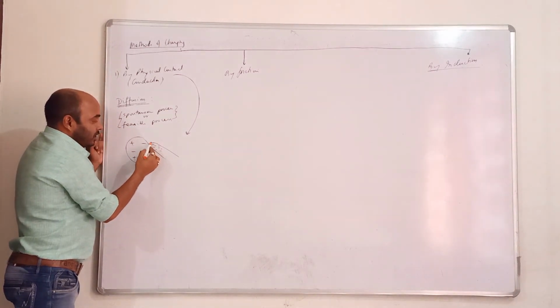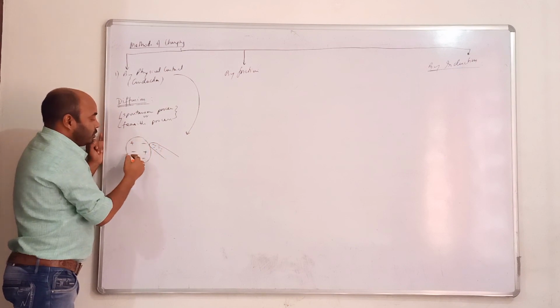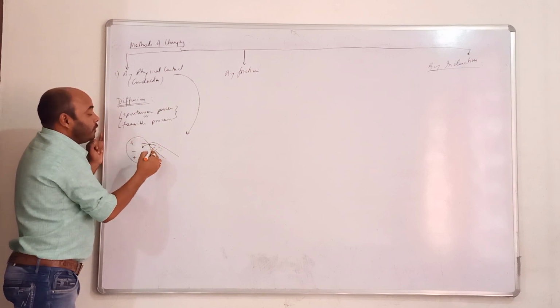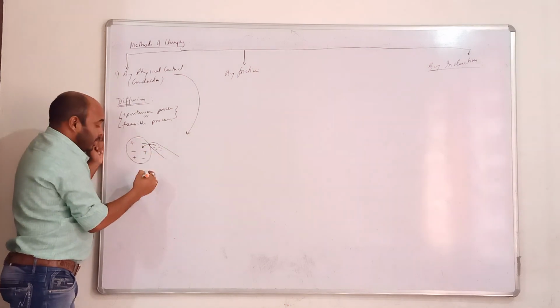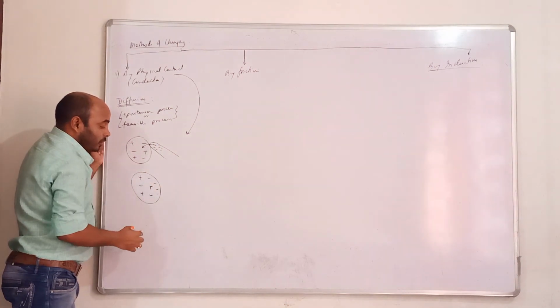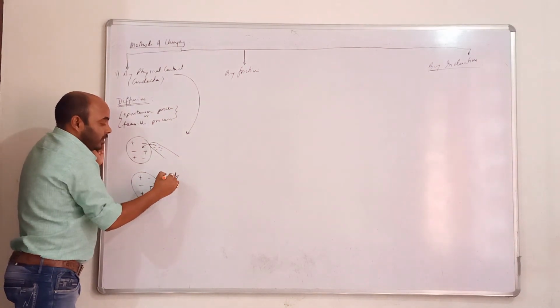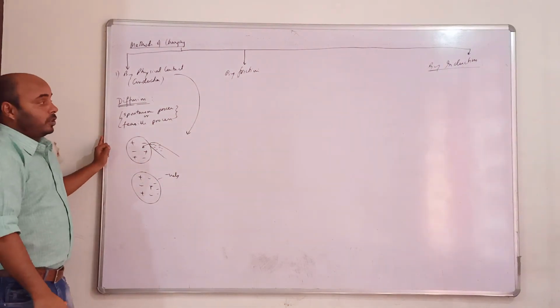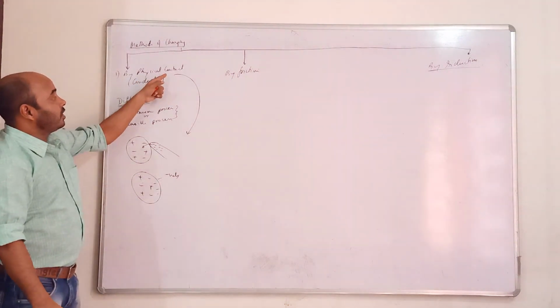Since the concentration of electrons is more here and less there, what will happen to the electrons? Electrons will automatically diffuse. If the electrons diffuse to this neutral body, it will have an extra number of electrons, so it becomes a negatively charged body. So a neutral body becomes a negatively charged body by physical contact.